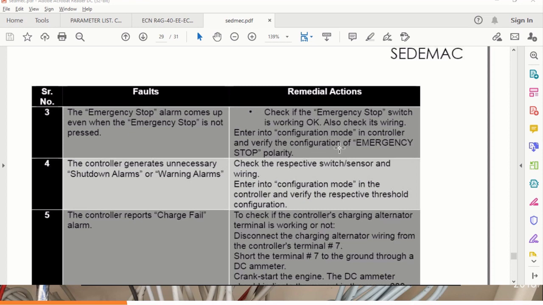Sometimes the engine is continuously vibrating, and if it is not properly grouted, or its installation has some issue, because of the vibration the NONC block of the emergency stop sometimes creates such kind of trippings. So we have to look at all the wirings properly when we get the emergency stop as an alarm.